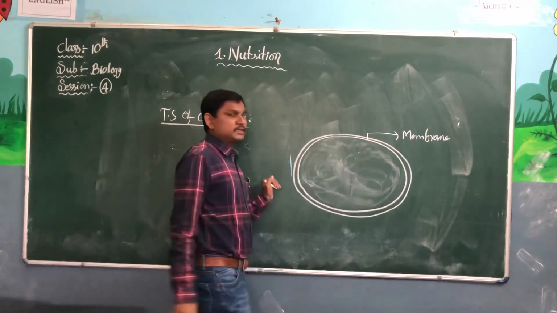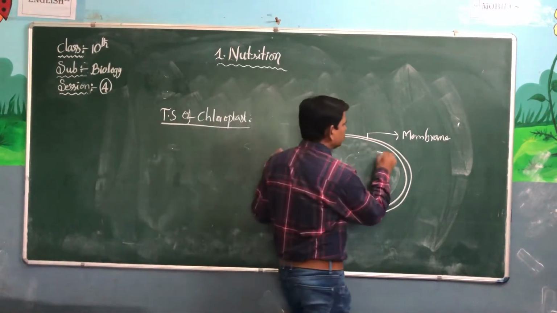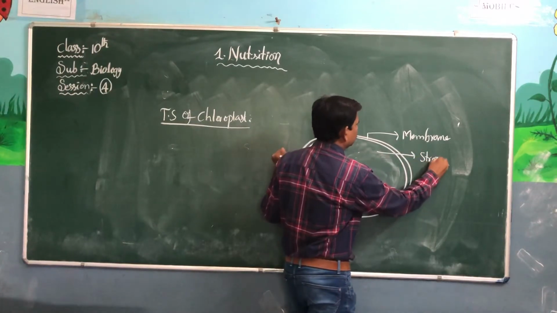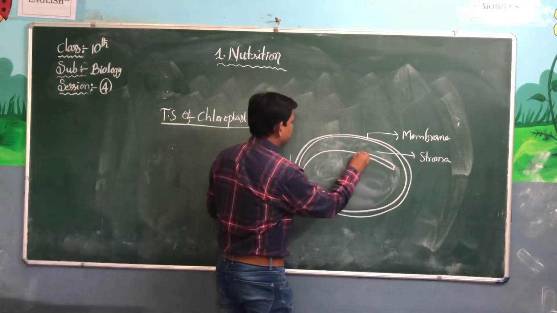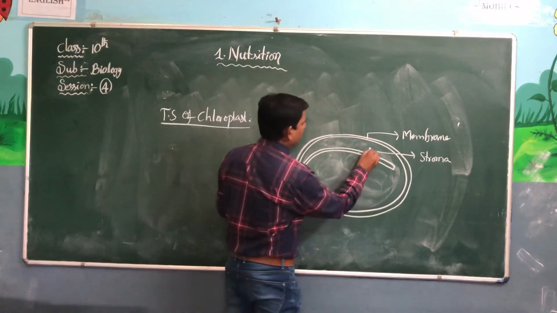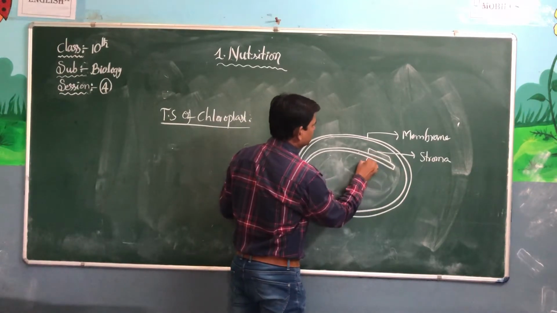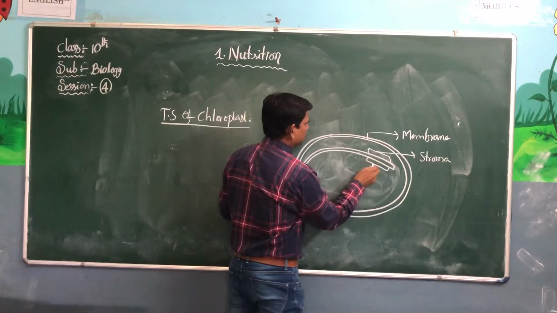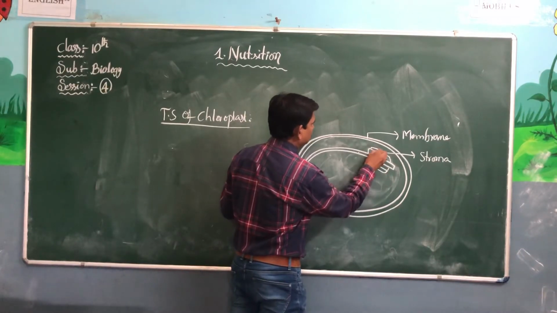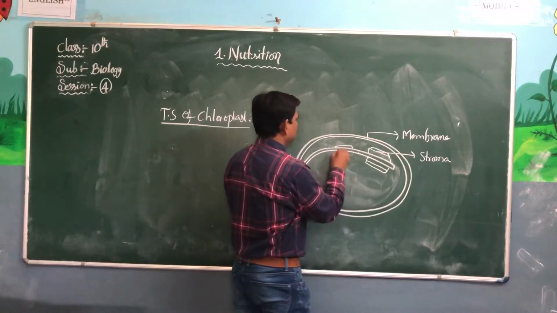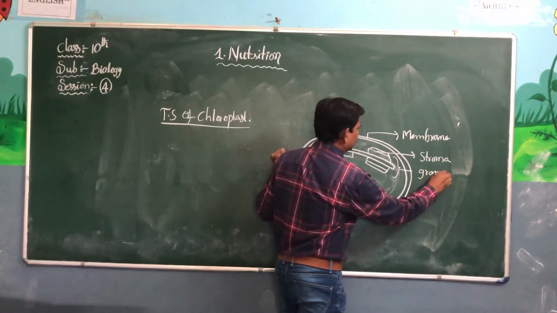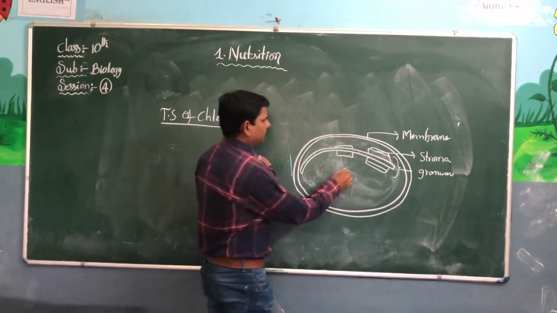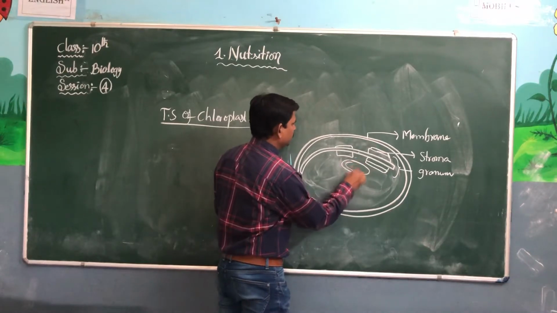The substance present inside the chloroplast is called stroma. Inside the chloroplast, the sac-like structures are called grana.